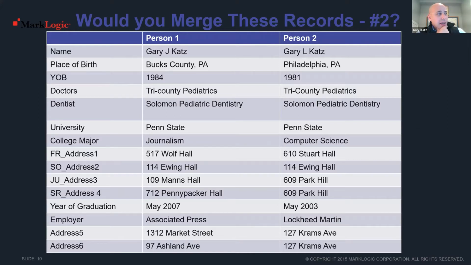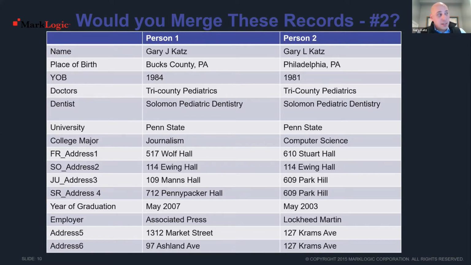So yeah, they've got the same name and they seem to be from the same hometown area. I should probably qualify that Bucks County is a suburb of Philadelphia. But I'd say that these are probably, if you're guessing, two different people who are off by a few generations. That's probably a good guess, right? So I would not merge these two people together.